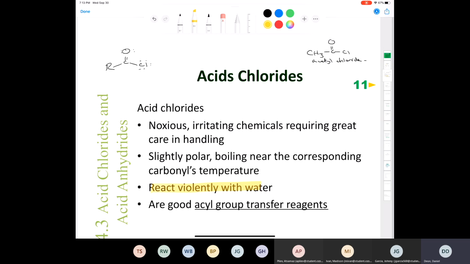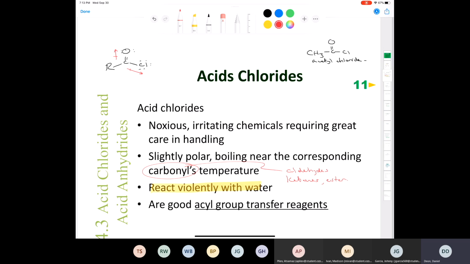What else? Acid chlorides are slightly polar with boiling points near the corresponding carbonyls. That means they have boiling points close to the analogous aldehydes, ketones, and now we can throw esters in there as well. You can see there is a dipole going this way, and there's a dipole going that way.